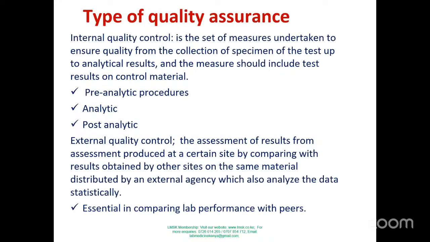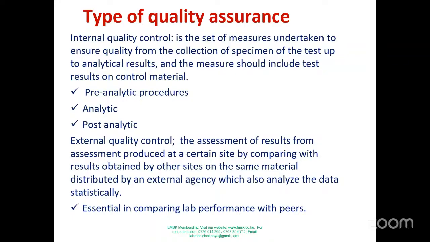So types of quality assurance, we have internal quality control and then external quality control. Internal quality control refers to measures that are undertaken to ensure quality from the collection of the specimen of the test up to the analytical results, and the measures should include the test results on control material. So this covers what you do at the laboratory to ensure that the samples are of the right integrity.